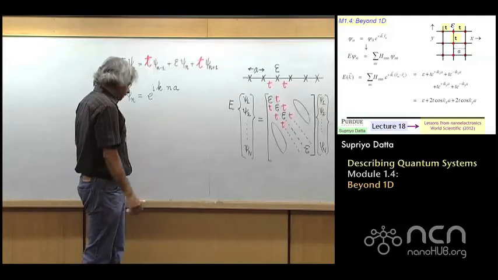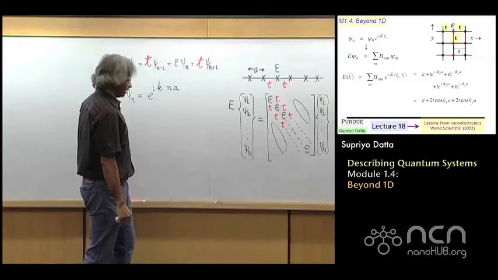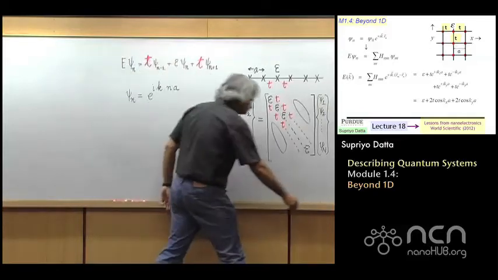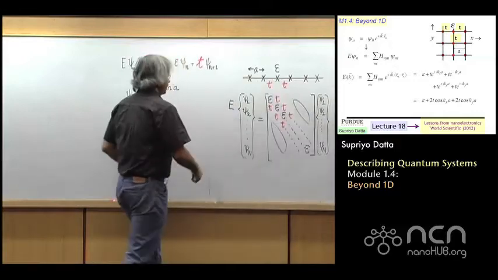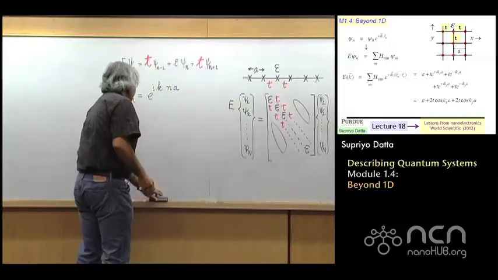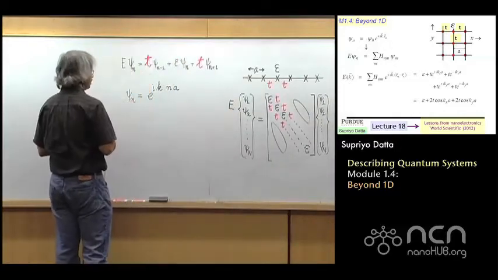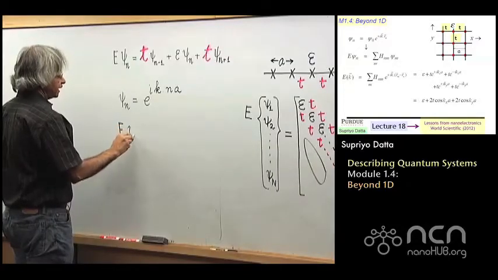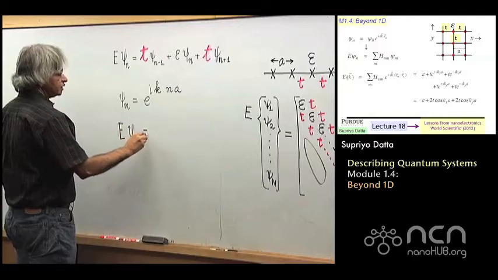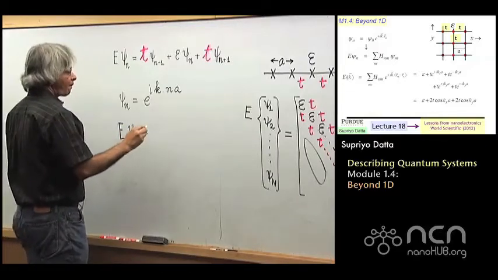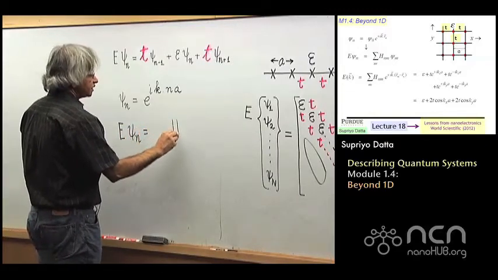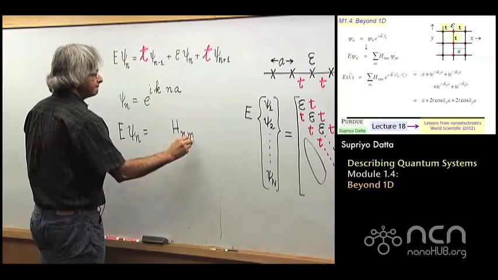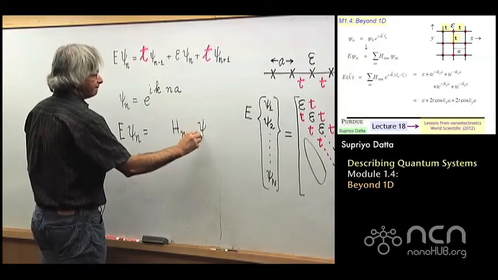And the way it works would be that, you could say that in general, we can write a matrix equation like that. If you wanted to write in terms of components, it would look something like this. E psi n is equal to the sum over m of h n m times psi m.